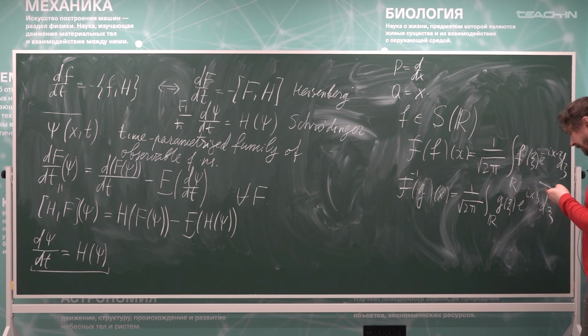I heard that in some textbooks the roles of direct and inverse Fourier transform are inverted. So I prefer to use minus for the direct Fourier transform and plus for the inverse Fourier transform.